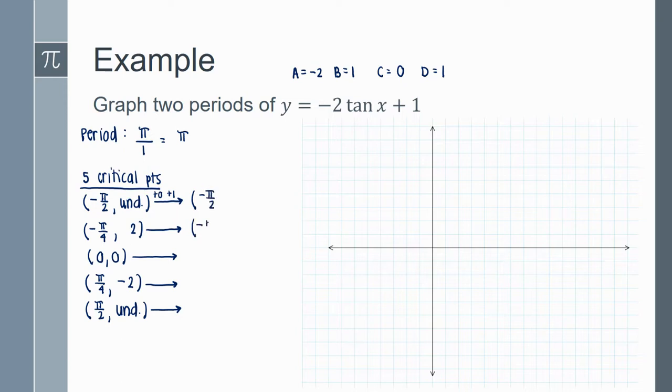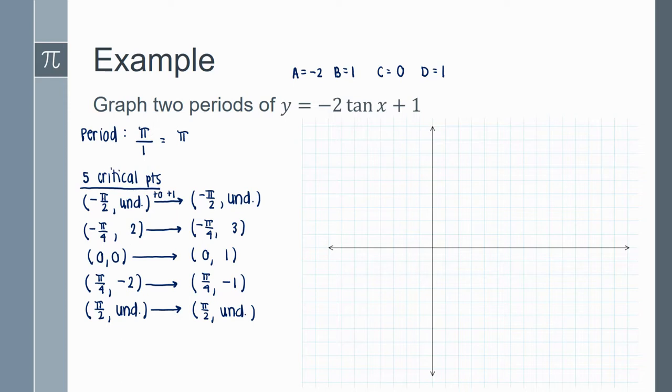It's -pi/2, -pi/4, 0, +pi/4, and +pi/2. Anytime you're adding or subtracting onto something that's undefined, it's still going to be undefined. So our first and our last ordered pairs are still that. But 2 plus 1 would make that second ordered pair 3. 0 plus 1 would make that 1. -2 plus 1 would make that -1. So those are the ordered pairs that we want to plot.